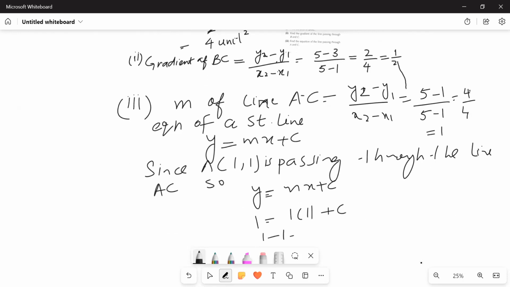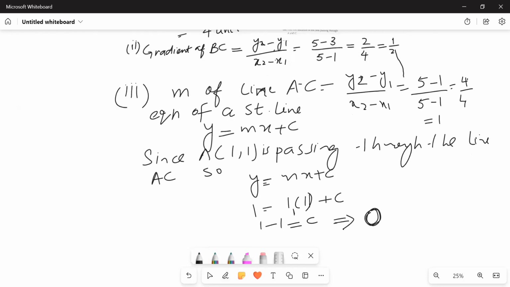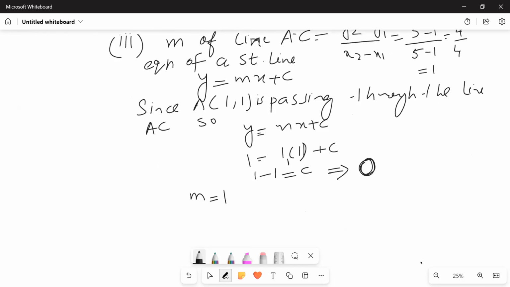So 1 minus 1 is equal to c. C will be 0. Now we put the values of m and c in y = mx + c.